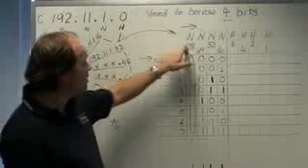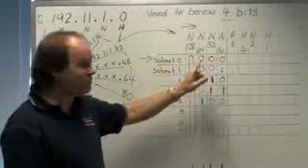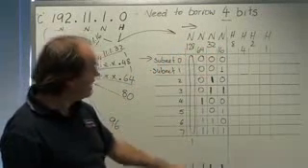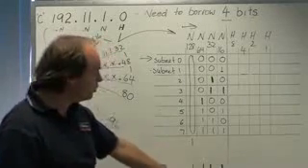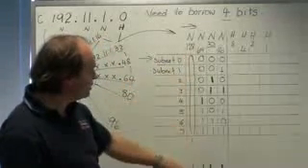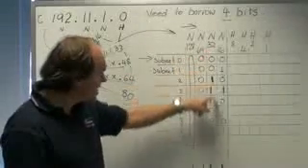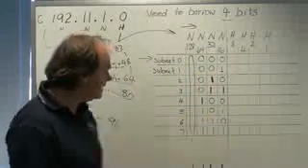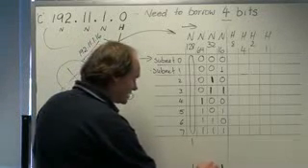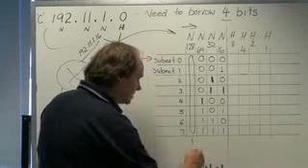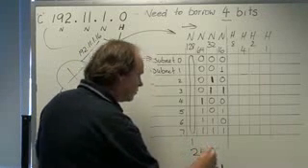We borrowed bits now. So what is our new mask? We see by adding the values where 1s fall, and that's where we put all 1s in the network portion, 128 plus 64 plus 32 plus 16. That in fact equals 240.